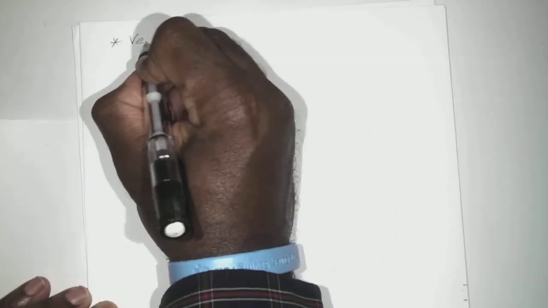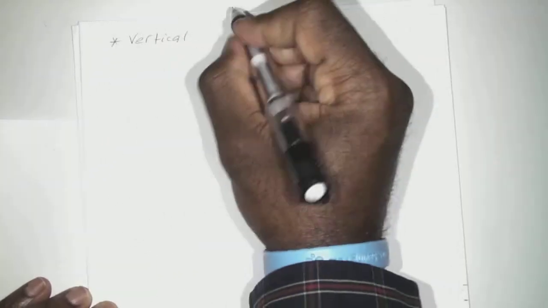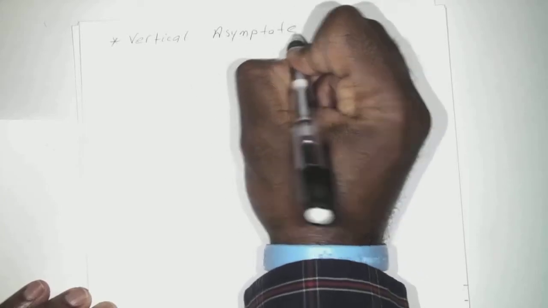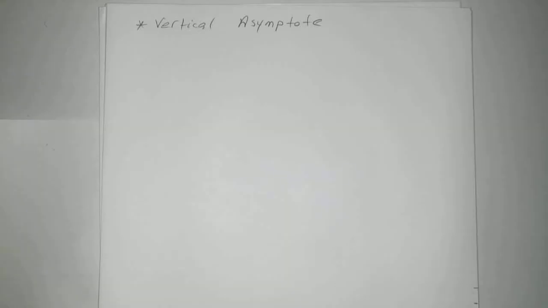All right, so first we're going to look at our vertical asymptote. That's basically just every x value that x cannot equal. And normally you'll see that where your denominator is equal to 0.